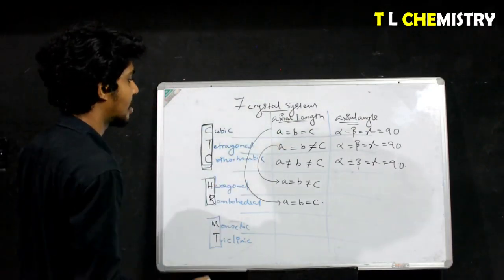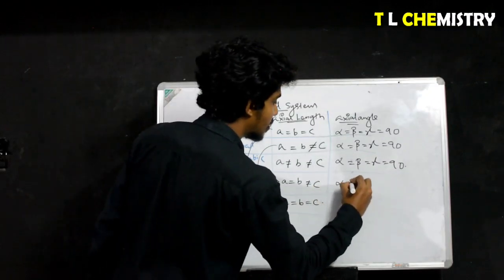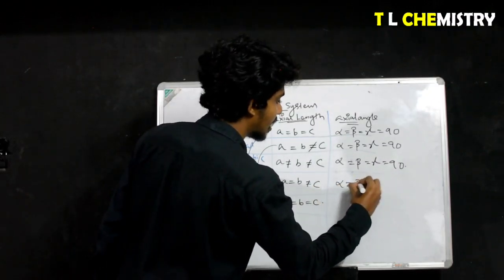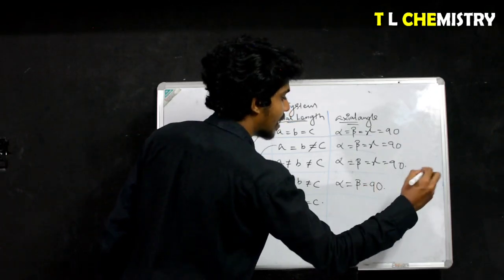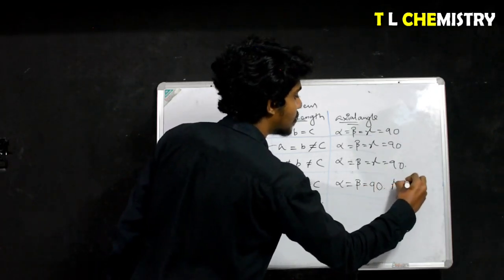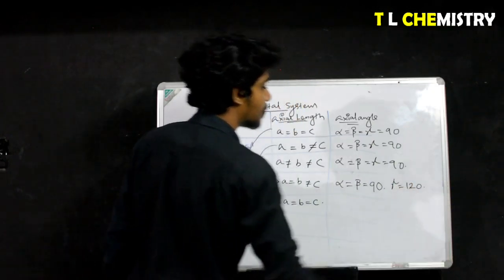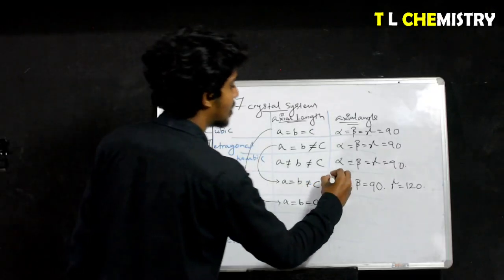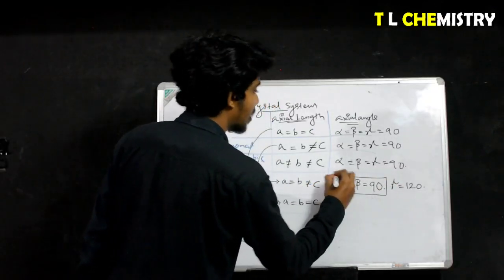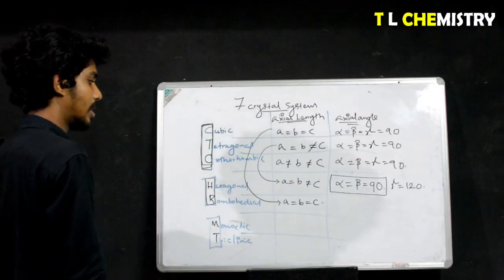In case of hexagonal, the axial angles are alpha equal to beta equal to 90 and gamma is equal to 120.